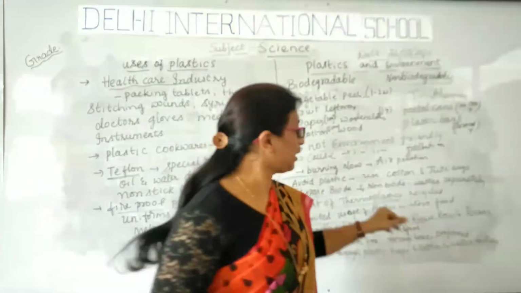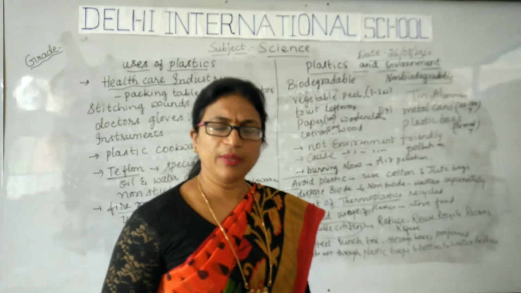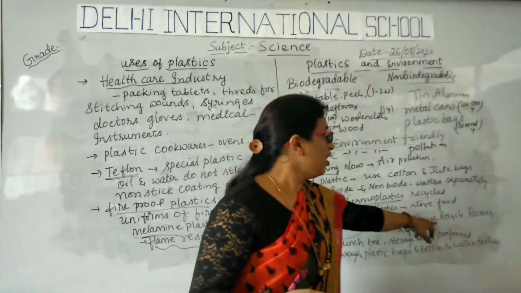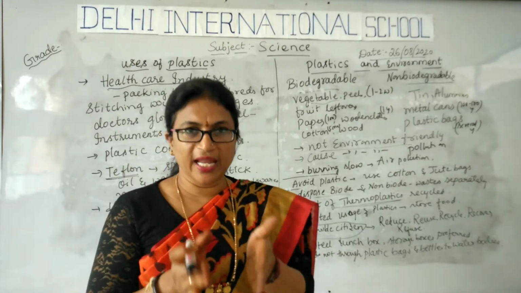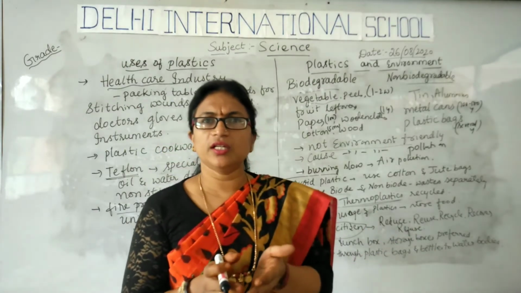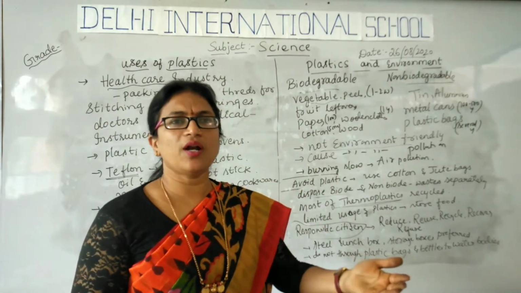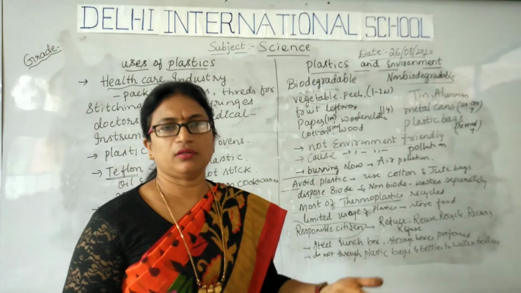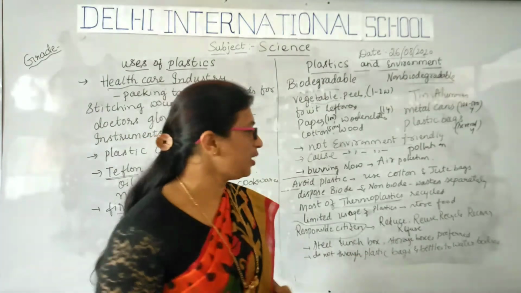We should use thermoplastic so that it can be reused or recycled. And then recover. So we can make one type of plastic into another, isn't it? Once that use is over, it can be recovered and reused for another purpose.